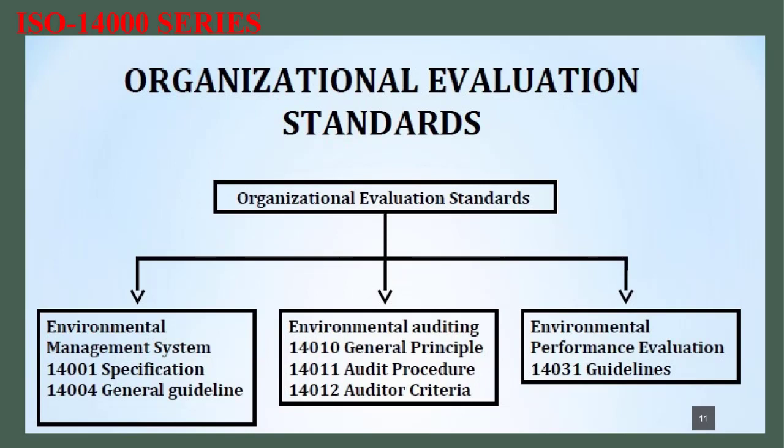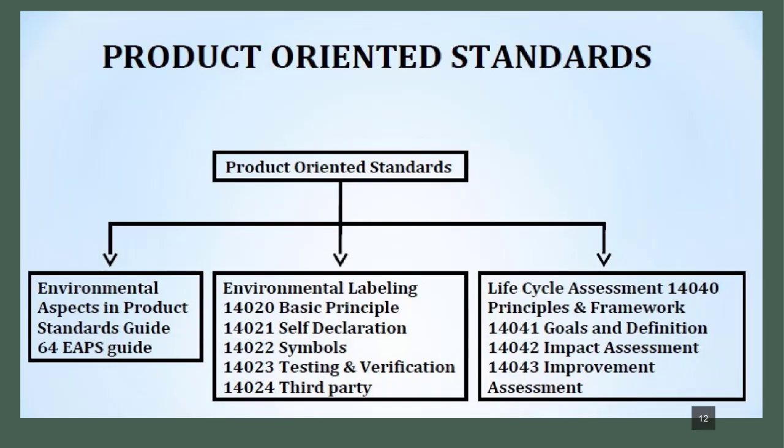As we have seen, environmental auditing generally deals with principle, procedure and qualification of the auditor. The last one, environmental performance evaluation, that is 14031, generally deals with the guidelines. Next, product oriented standards. Under that, environmental aspects in product standards guide, that is followed by the 64 EAPS guideline. Already we have seen what EAPS is.